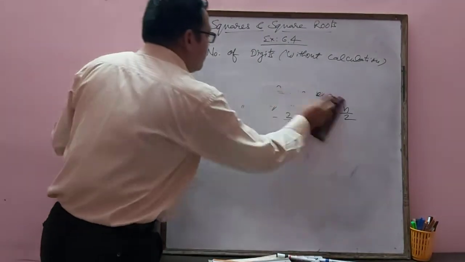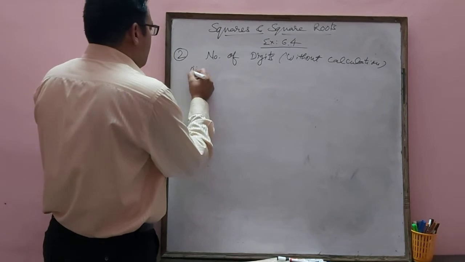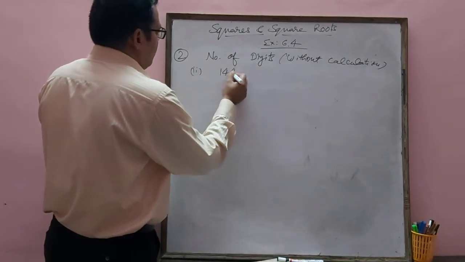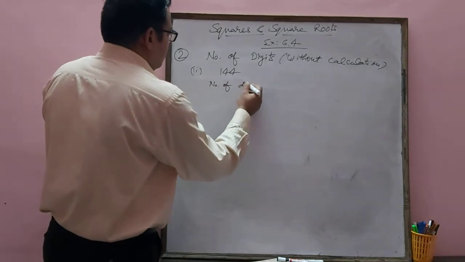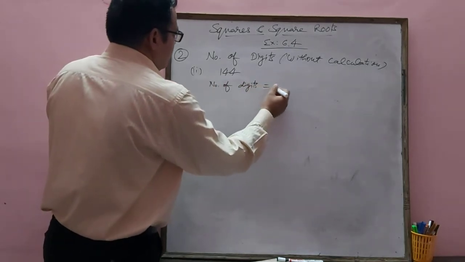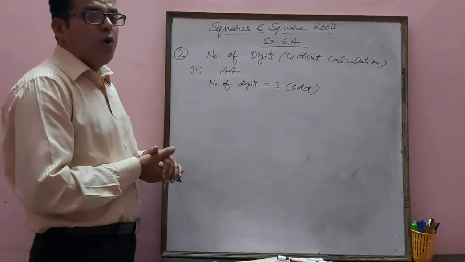Now the second part of this same question: 144. The number of digits is 3, and we know that 3 is an odd number.